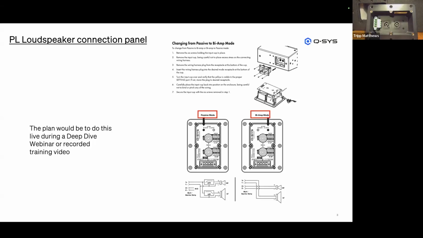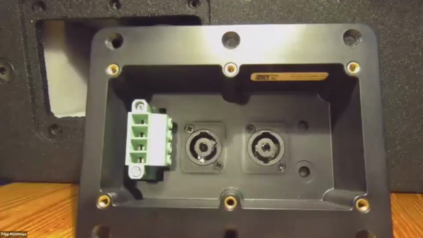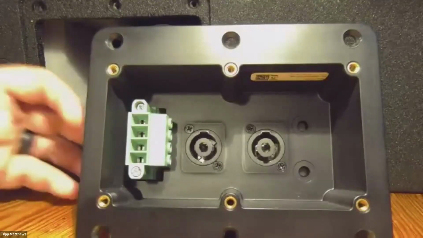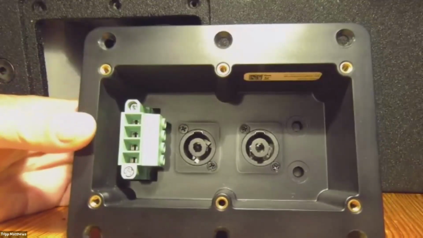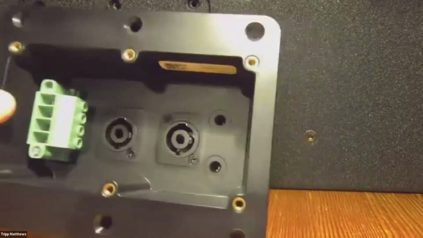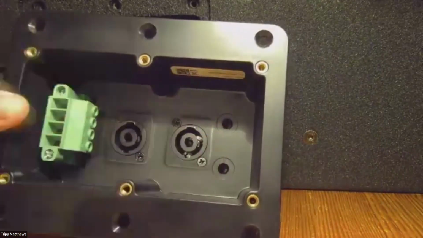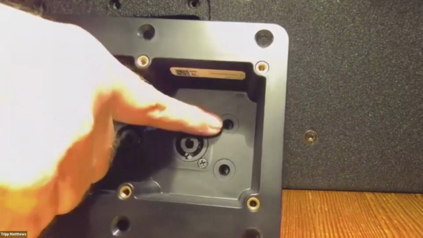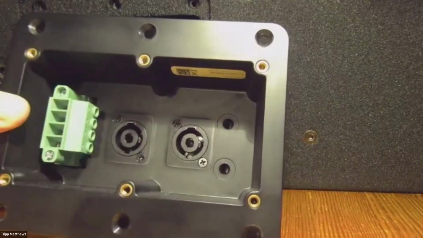I'm going to switch over to looking at the actual speaker here, so I'm going to have to hit stop sharing for now. You should have an image of the speaker panel. This is what the panel is on all of these boxes when you take them out of the box. First of all, you have two little indicators to let you know whether you're in the passive position or the biamp position.